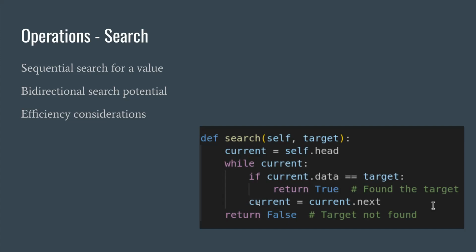Otherwise, we will continuously traverse by setting current to be current next, and the while loop will terminate if current becomes none. So if the target data does not exist, then we'll return false.